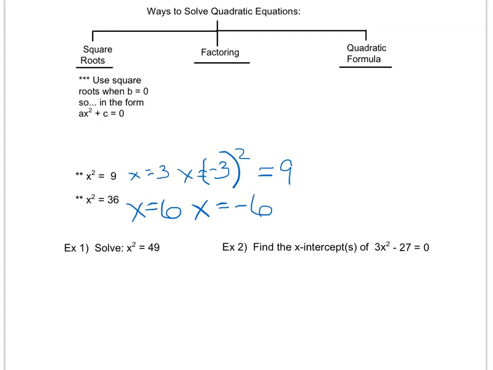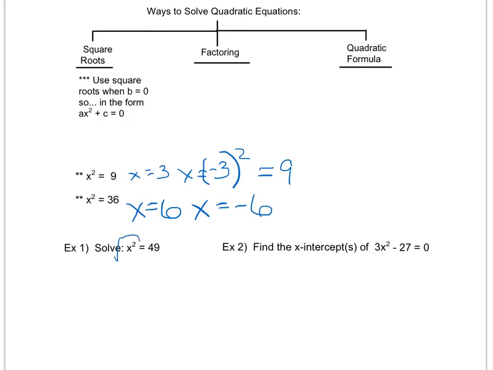For that reason, when we take a square root of both sides, we are always going to put a plus or minus in front of the radical to show that the positive or the negative of that number can square to give me my original value. So let me show you how that setup is going to look in this first example. If I have x squared equals 49 and I want to solve this for x, I would solve by using square roots, since there is no linear term, so b is 0.